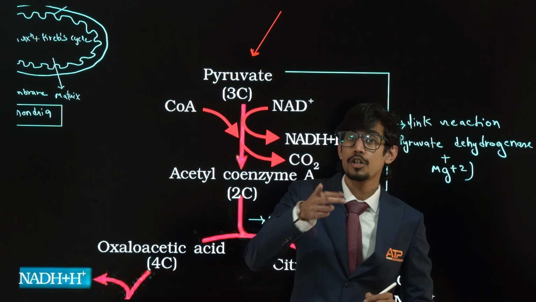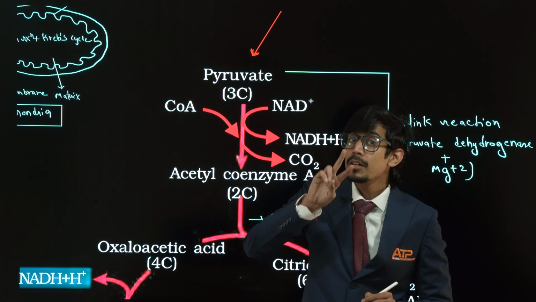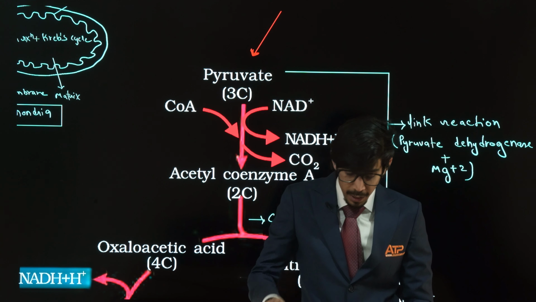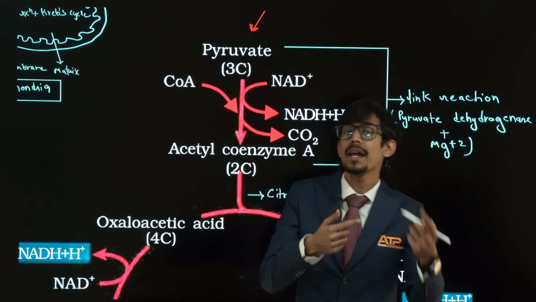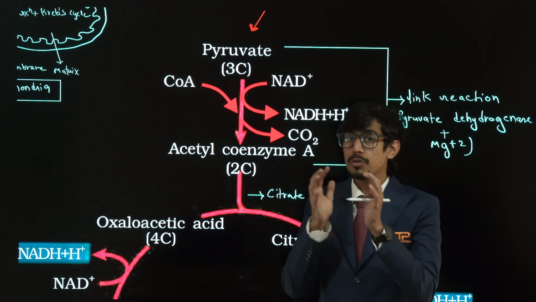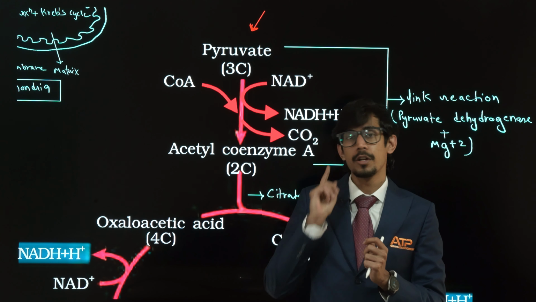For complete oxidation of one molecule of glucose, the Krebs cycle has to take place twice. Okay, so therefore we need to multiply everything by 2 if we want to see how many products we are getting from one molecule of glucose.